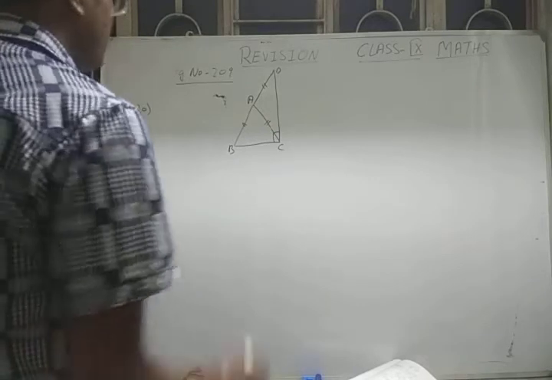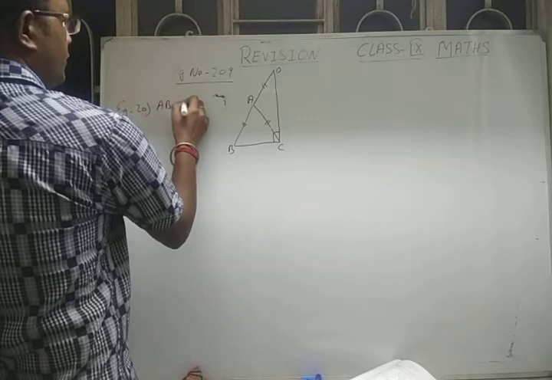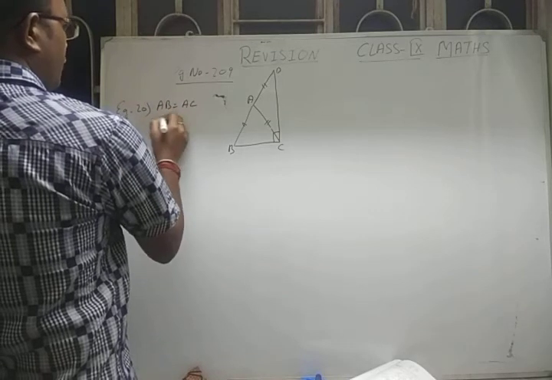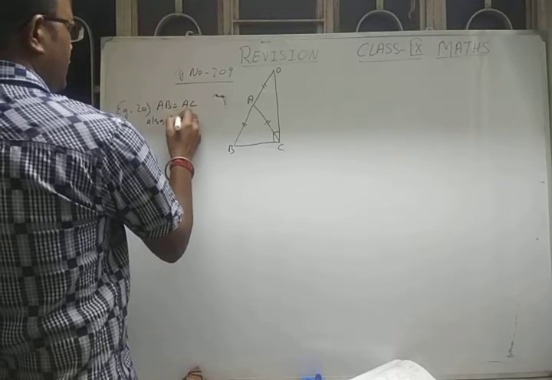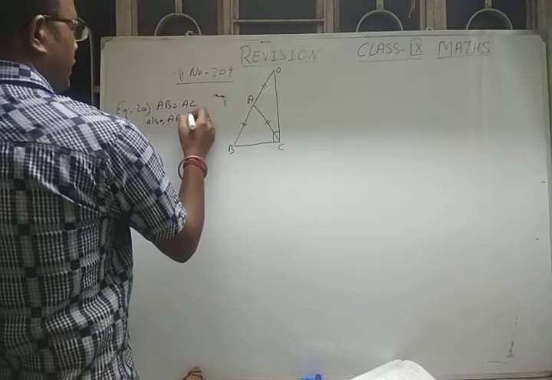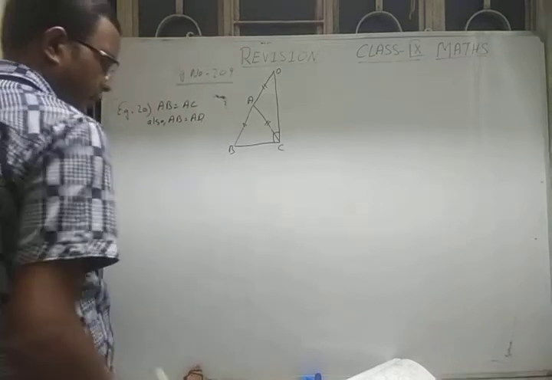You have to prove that. So what is given here? AB is equal to AC is given, and also AB is equal to AD is given.